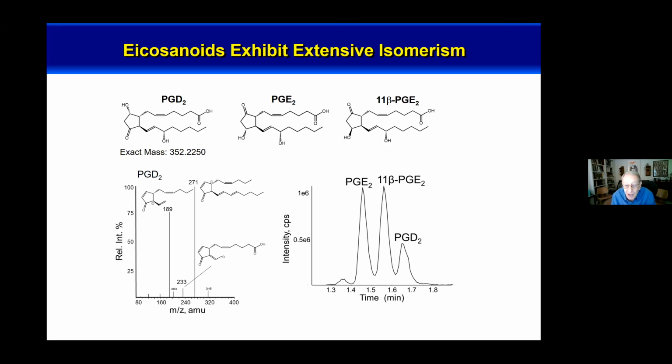So we rely on UPLC to separate these 3 isomers by retention time, and then we analyze them by MRMs using the same MRMs and the same conditions for each of those 3, but we've separated them by retention time, showing the power of UPLC.